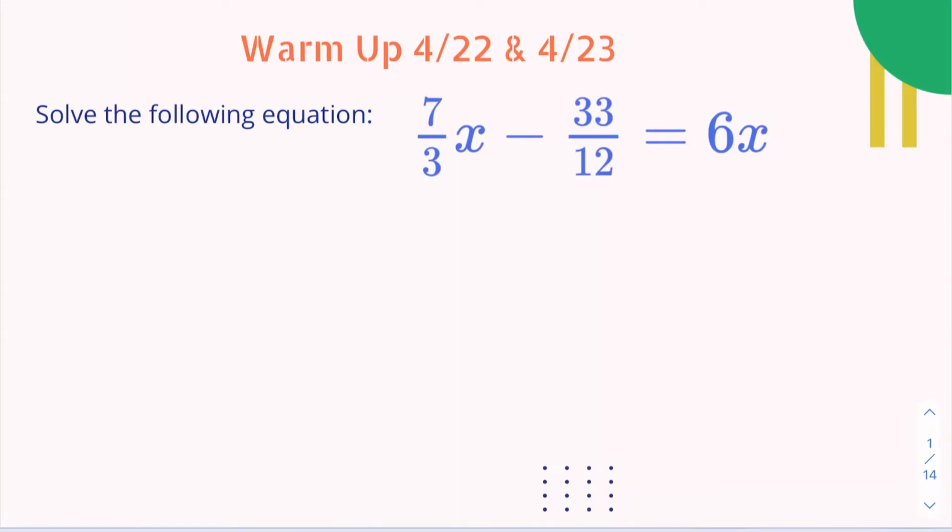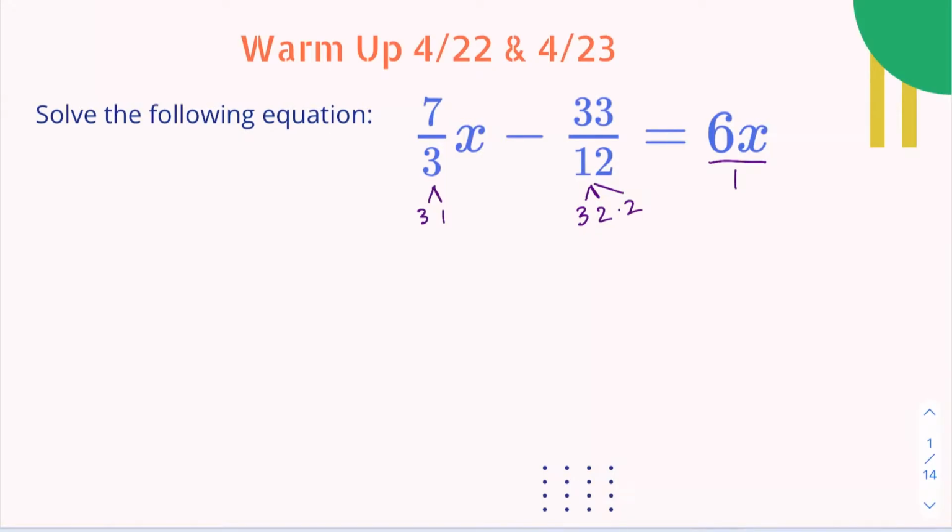I have two denominators, right? Because 6x is really just 6x over 1. So this factors to just 3 and 1. This factors to 3 times 4, which is really 3 times 2 times 2, and then 1 just factors to 1.